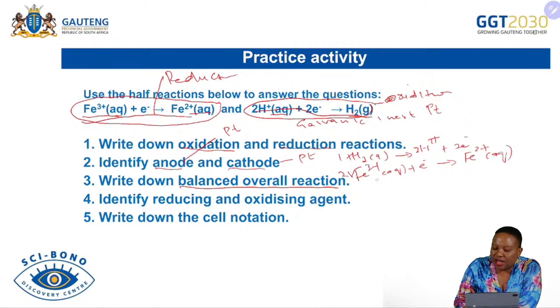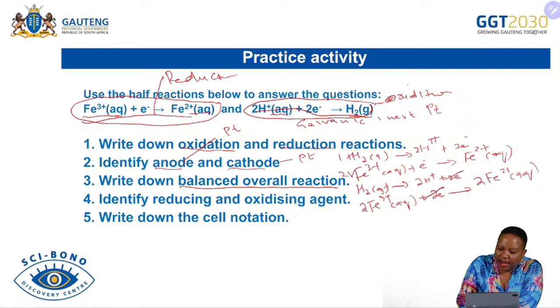I'm going to write it again so that we all follow: H2 gas giving 2H plus and 2 electrons, and then 2Fe3 plus aqueous plus 2 electrons, giving 2Fe2 plus aqueous. Therefore, the 2 electrons cancel each other, and our overall is H2 gas, which will lose electrons and give them to Fe3 plus aqueous.